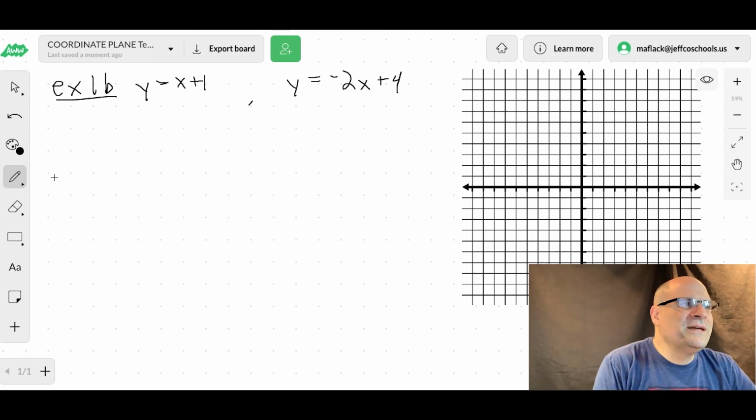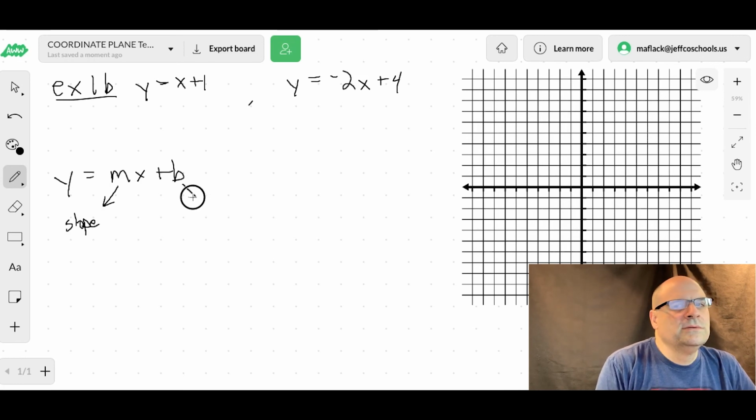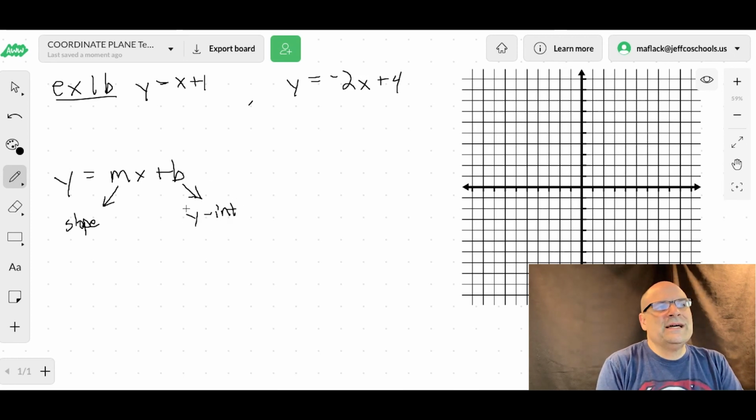So slope-intercept form is this: y equals mx plus b. M stands for slope, probably because of all the letter M's in the word slope. It's bothersome. B stands for y-axis intercept. This is where the line crosses the y-axis. Remember, the y-axis is the vertical axis.